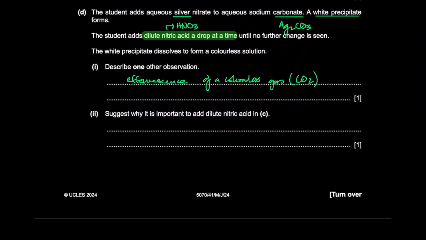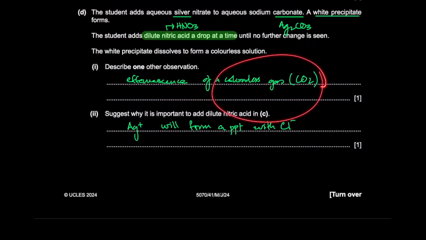So the reason why we add nitric acid is because Ag plus will form a precipitate with Cl minus. You don't want a precipitate to form, because if a precipitate forms, it'll be hard to see the effervescence.